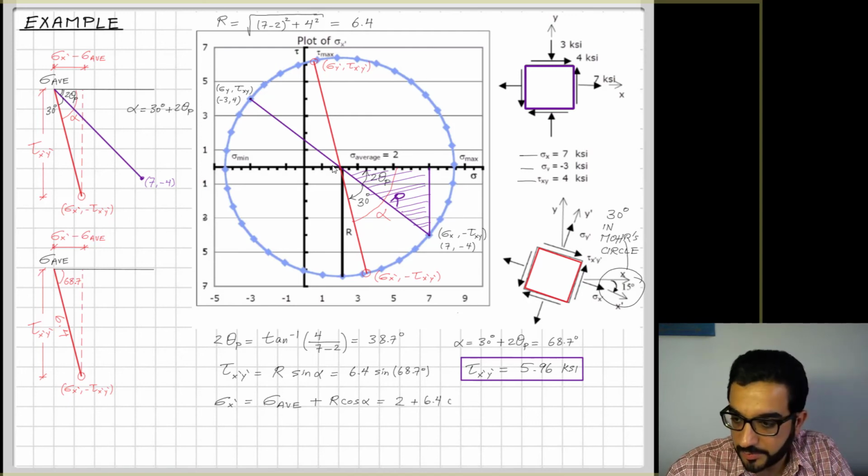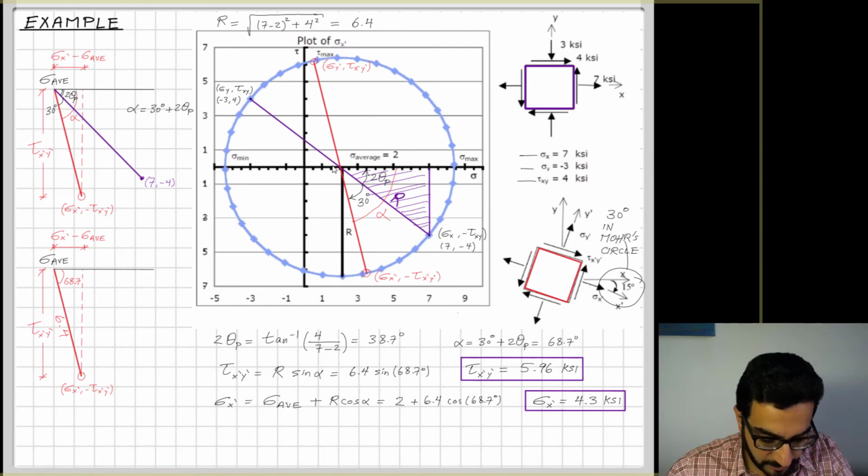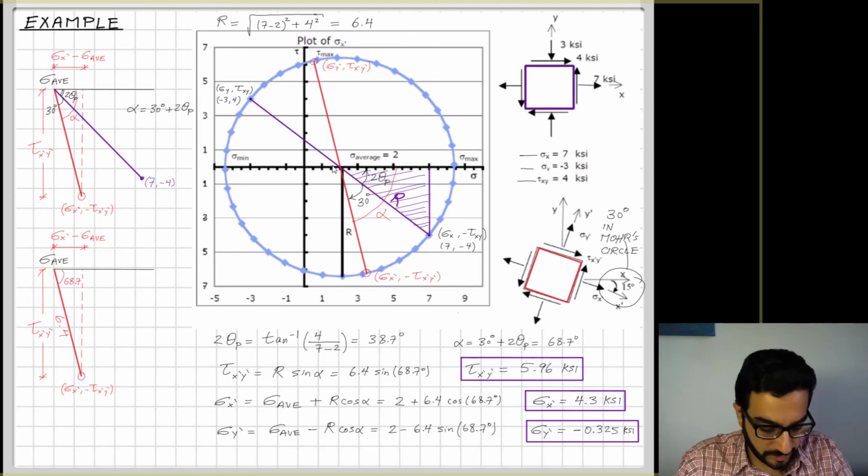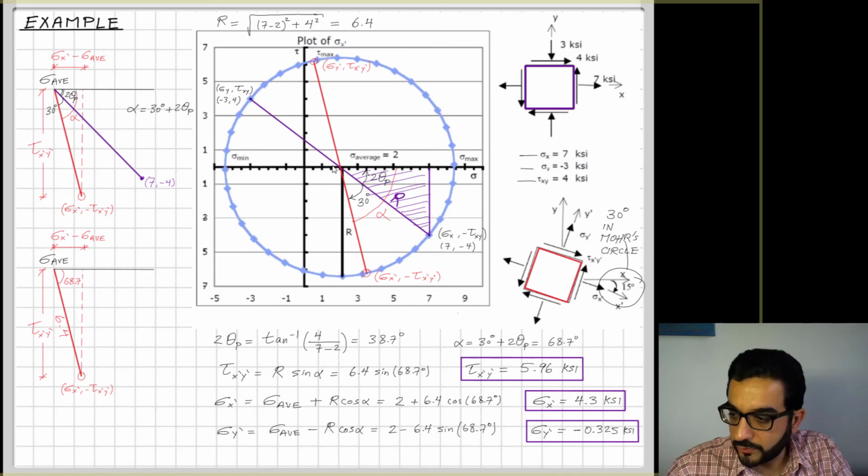If I plug in the numbers, I end up with sigma x prime equal to 4.3 KSI. Sigma y prime is not shown in this triangle, but it's similar to the formula of sigma x prime, where I change the plus to a minus. So it equals sigma average minus r cosine alpha, which is negative 0.325 KSI.